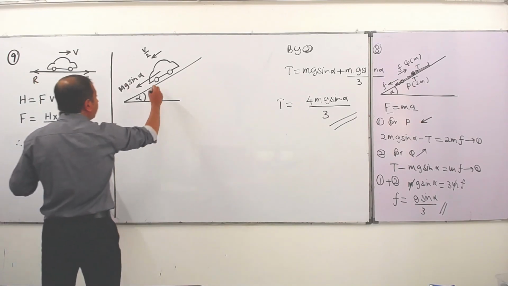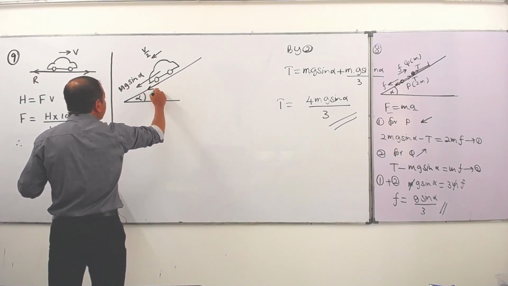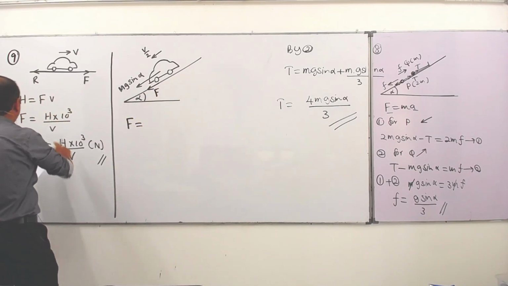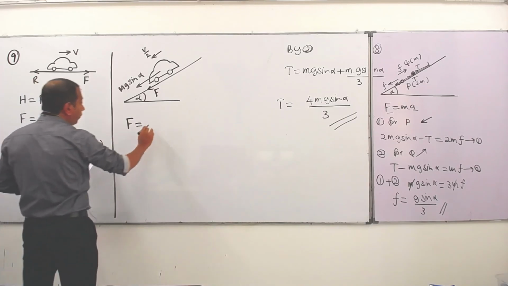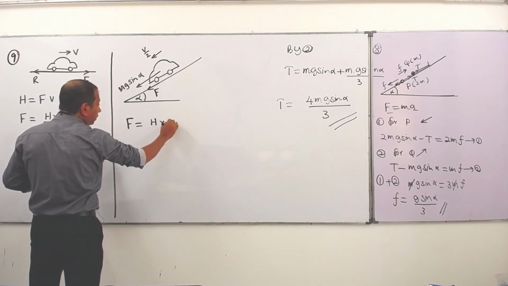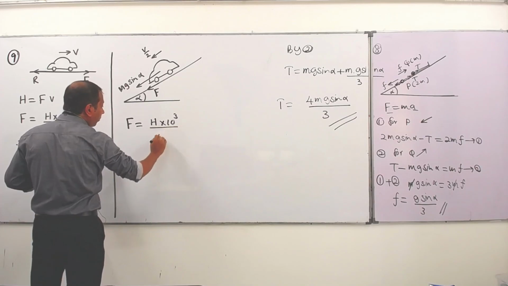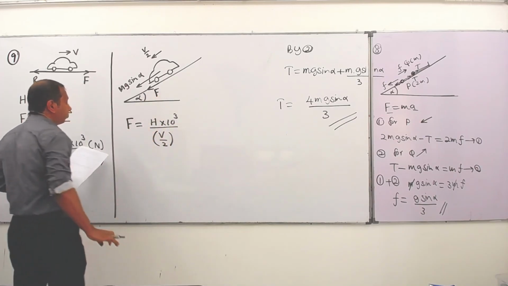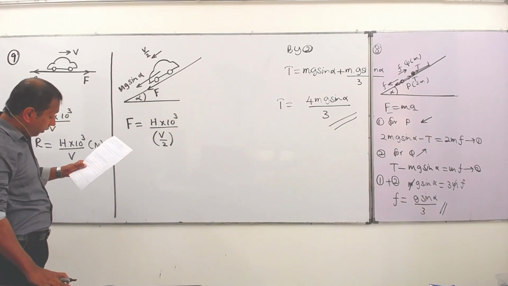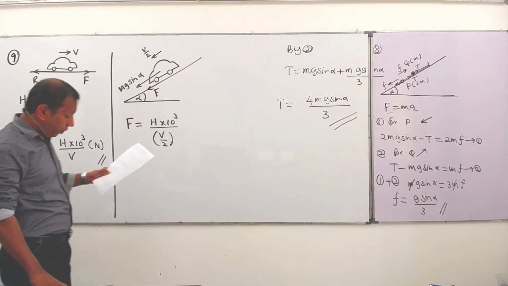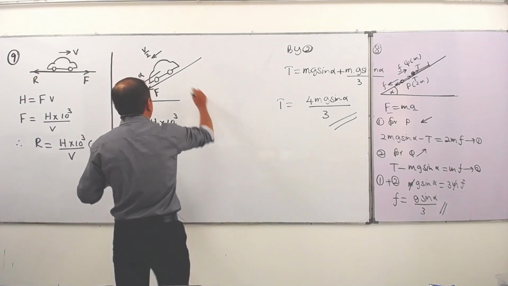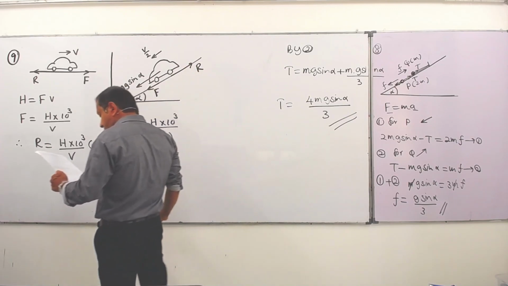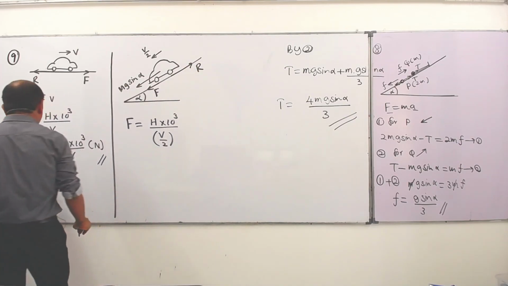Then the tractive force is what, people? It's going to be H over v, no? Still the power is H kilowatt, velocity is v by 2. Right, then tractive force is this much, same power H kilowatt against the same resistance R, R acting this way. So the acceleration of the car is this much.